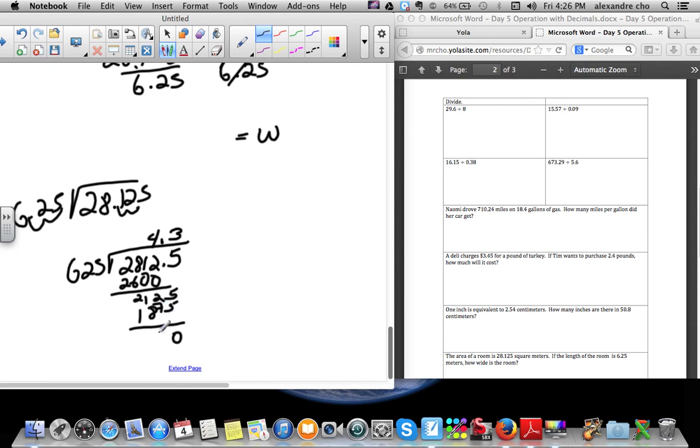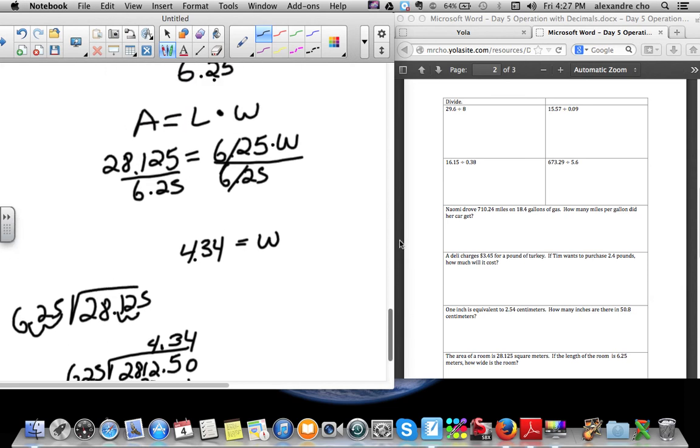Then it's going to be a 0, a 5, and a 2, 250. You're going to bring a 0 down, and 625 can go into 2,500 about 4 times. 4 times 5 is 20, 4 times 2 is 8, 10, 24, perfectly. So the answer is 4.5, so the width of that is 4.5.